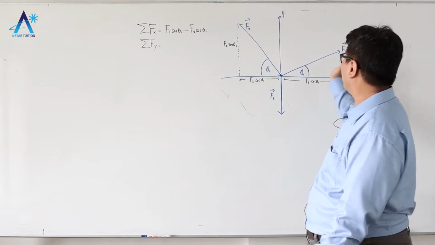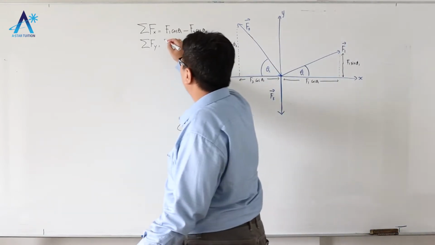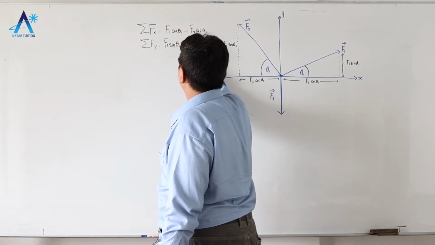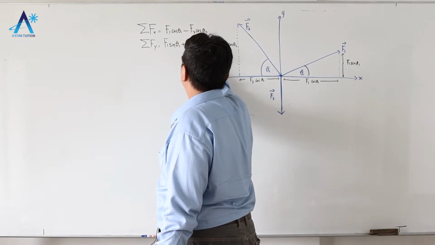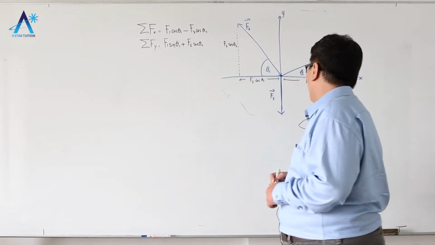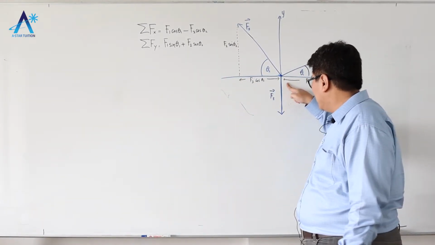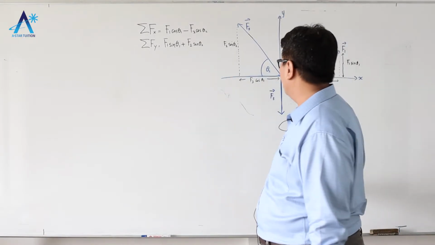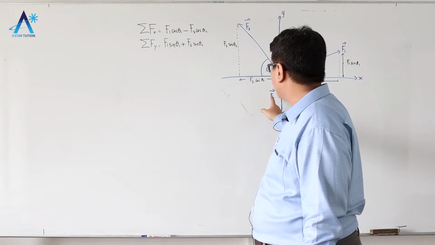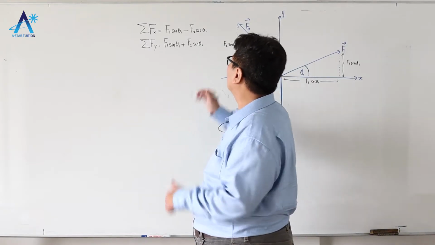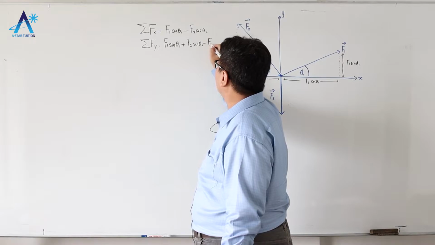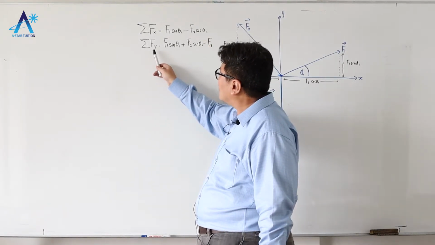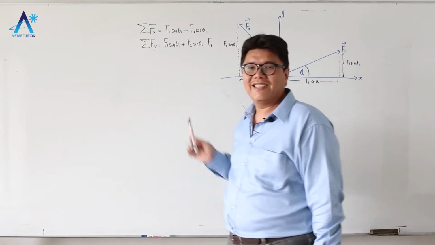The same goes for F1. So you add the two: F1 sine theta 1 plus F2 sine theta 2. However, F3 is vertically downward, so you need to subtract F3 from these two. This gives you the resultant, the sum of all vertical components of the forces.